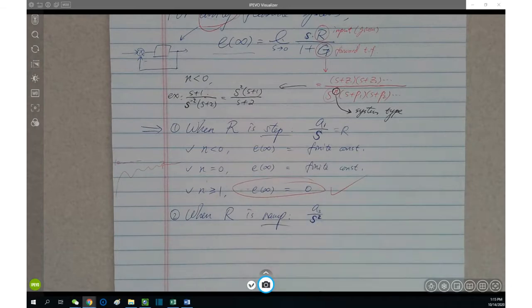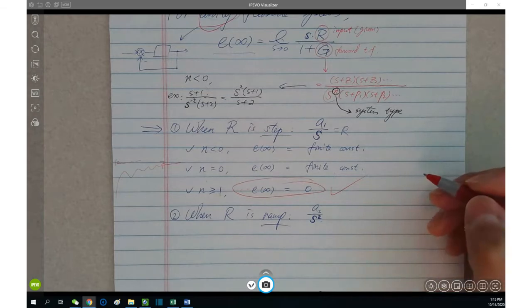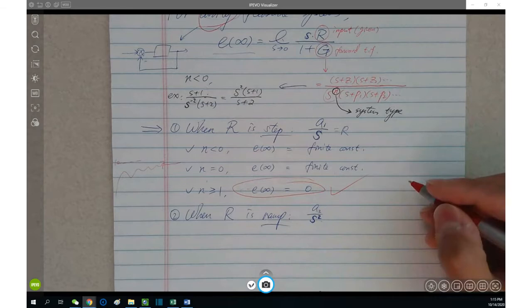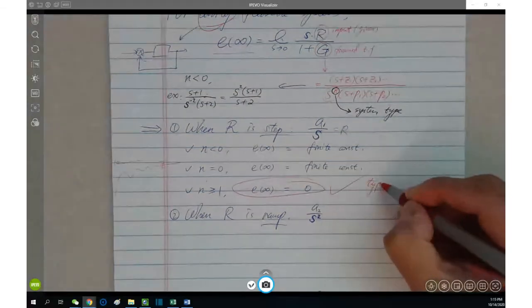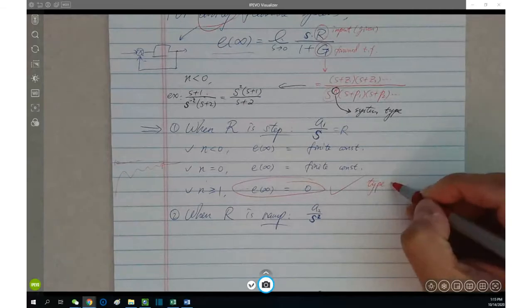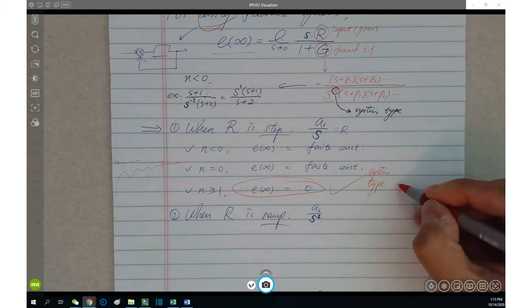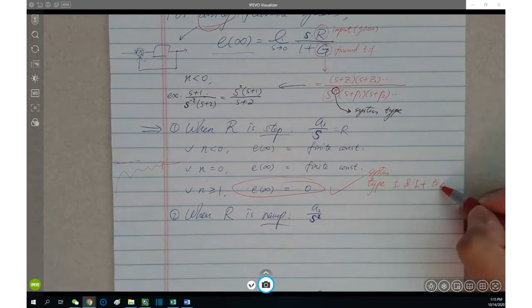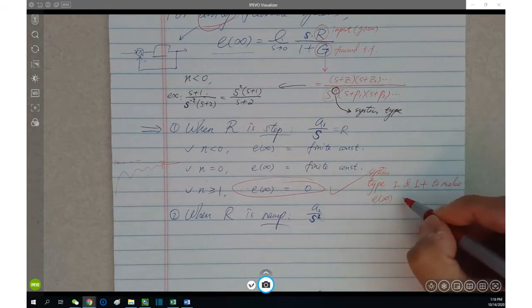this is steady state error. So what conclusion we can have here is this: we need system type 1 and 1 plus to make steady state error 0.